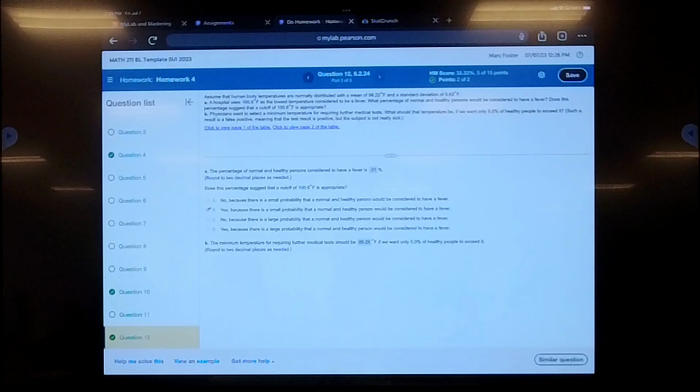Now it was making me put my mean and stuff all over again, so I have to do that every time. No. You only have to do that when you close the StatCrunch window. So just don't close it and you'll be fine.